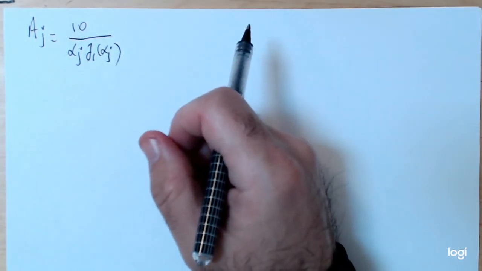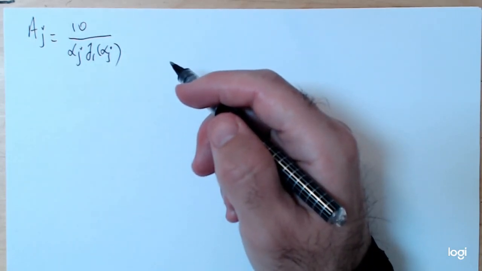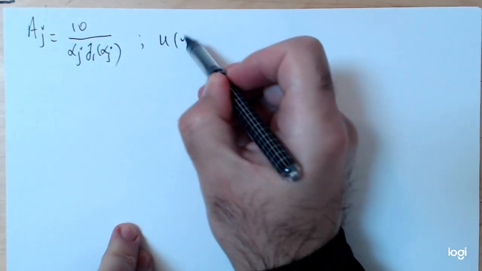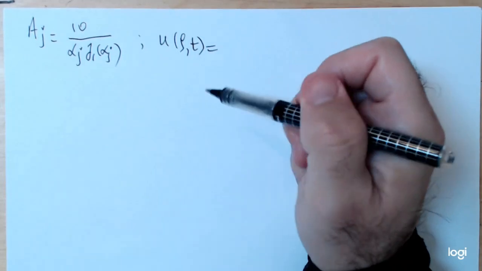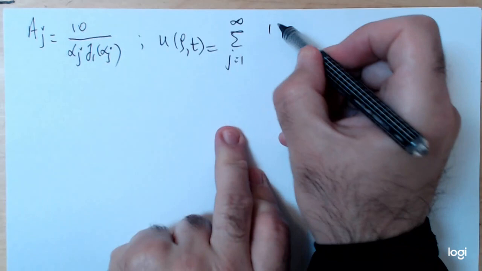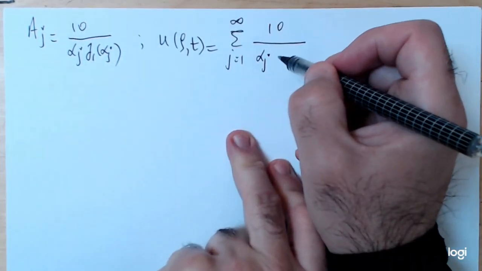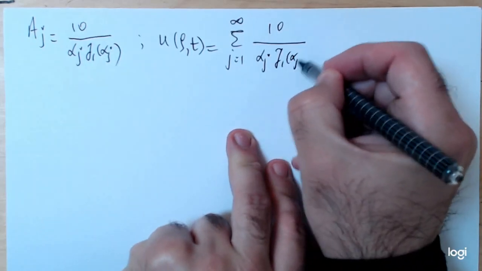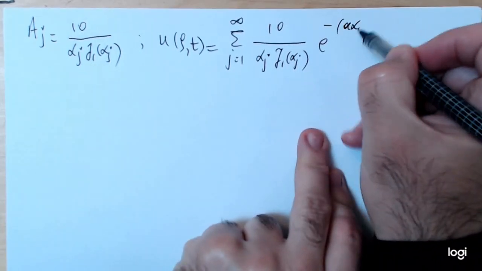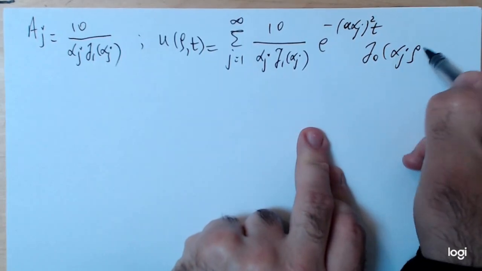Okay, so obviously this is an easy example because you had a constant for that function. But then finally, the final answer then, when you put everything together, u over t is equal to the summation from 1 to infinity, 10 over alpha j, j1 of alpha j, e to the minus a alpha j squared t, j naught of alpha j rho.